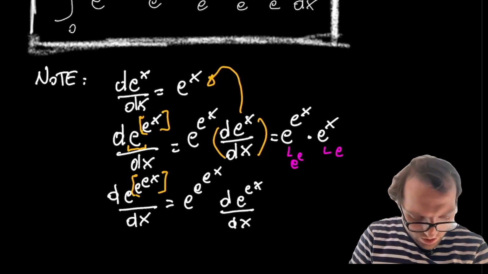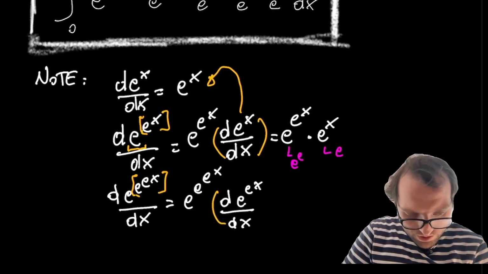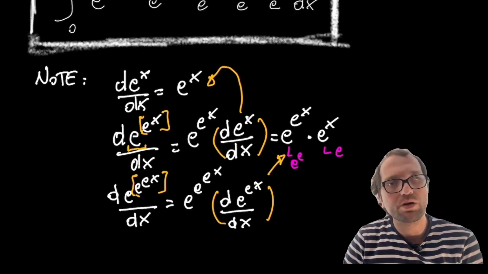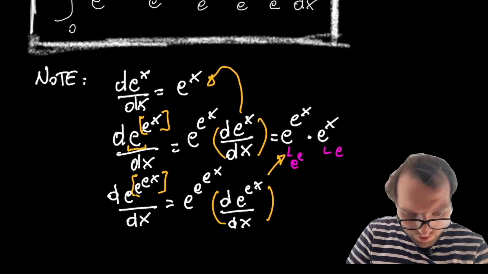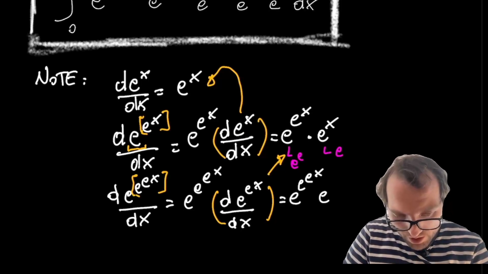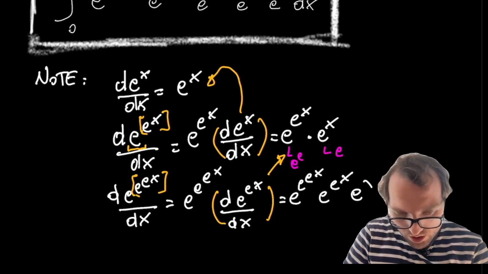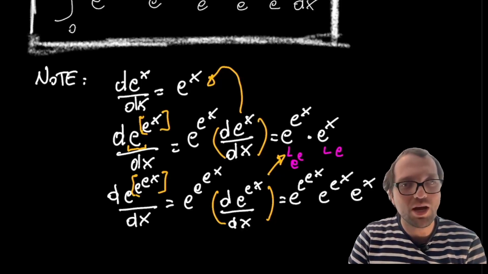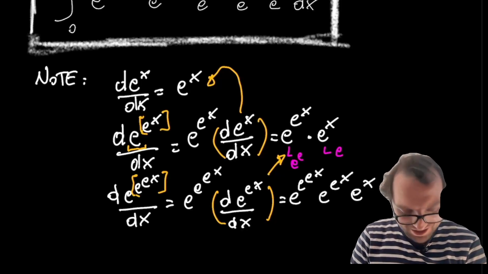But look here, we already have this quantity because we just computed that before. So here we can replace this quantity to get e to the e to the e to the x multiplied by e to the e to the x multiplied by e to the x.